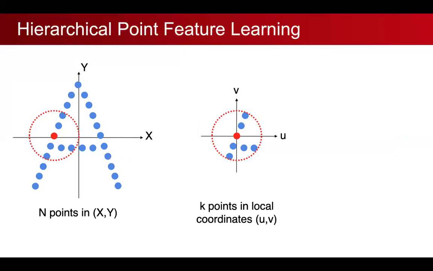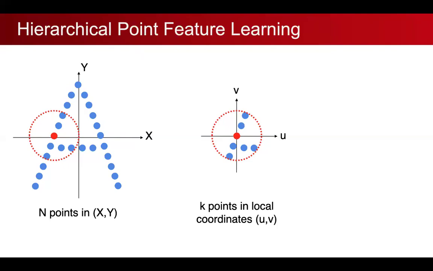So the idea is this hierarchical point feature learning, and we start with the same setting as vanilla PointNet. We have n points in space here, or just see this in 2D, but PointNet is in 3D. And then we have all the points. But if we want to look at the local neighborhoods, we select one point and look at the points around it, right?